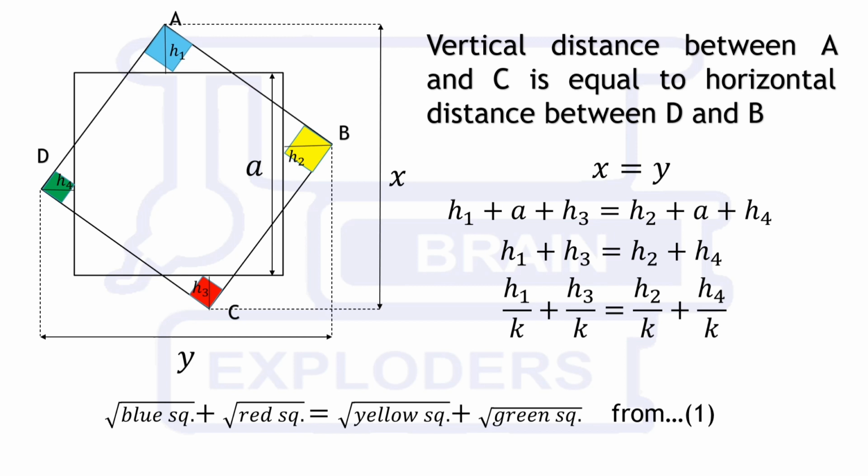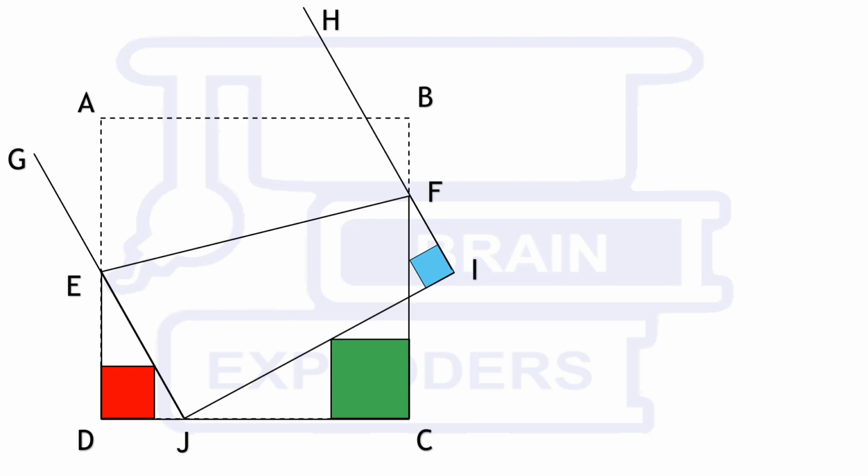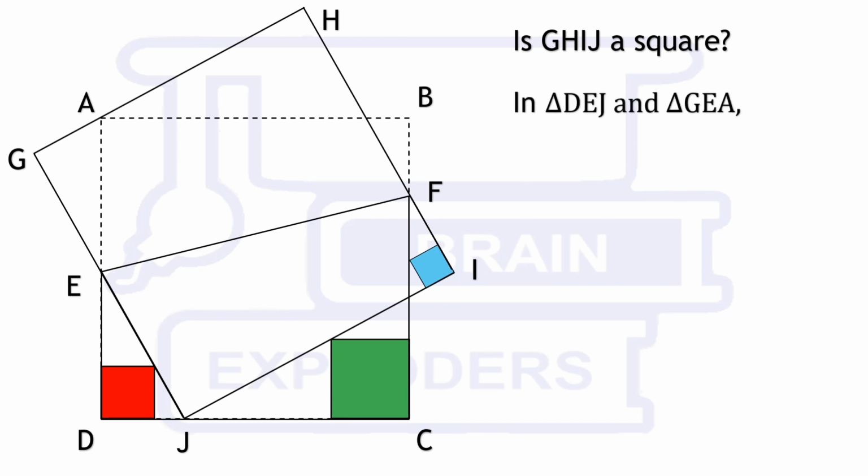Suppose we extend EJ and FI to G and H such that GH passes through A. Definitely it is a rectangle, but we have to check whether GHIJ is a square or not. So in triangles DEJ and GEA, we get EJ is equal to EA, and angle DEJ is equal to angle GEA, because these are vertically opposite angles.